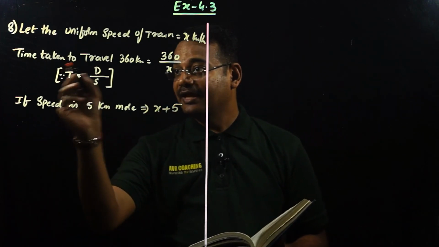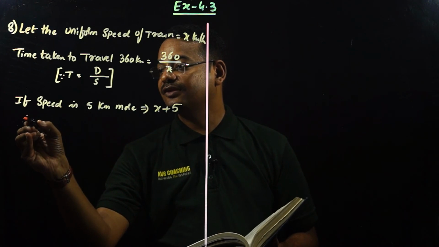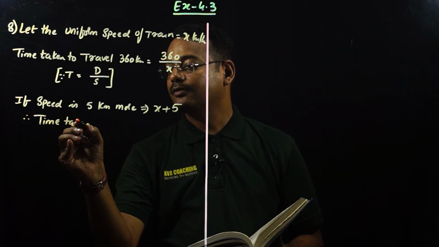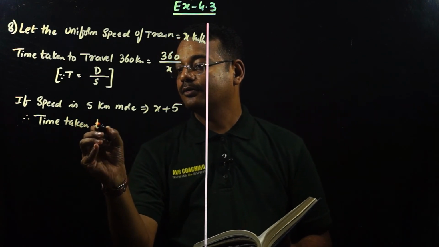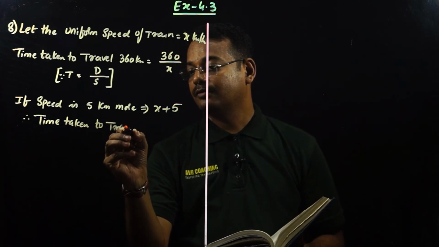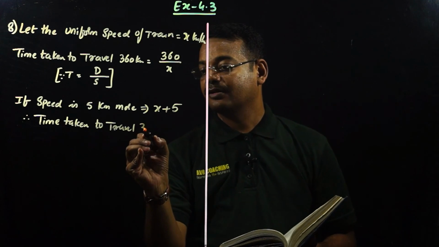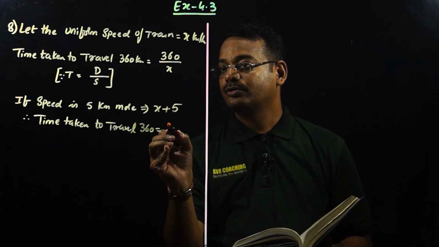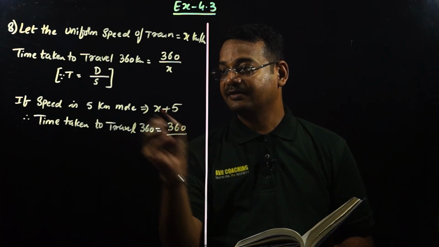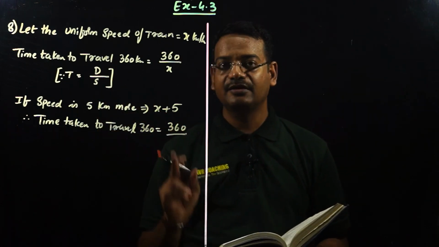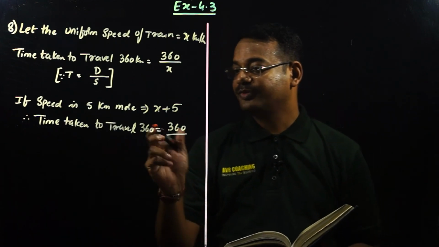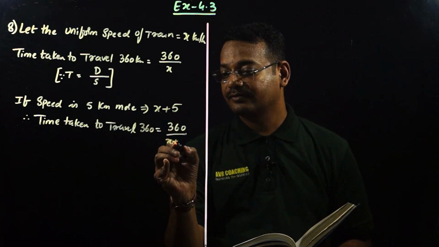So time taken to travel 360 kilometers is equal to 360 by, that is distance is 360, distance is not changing, only we are changing the speed of the train. The speed of the train now is x plus 5.